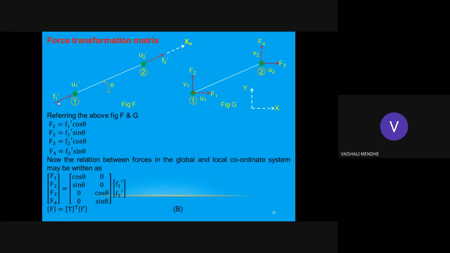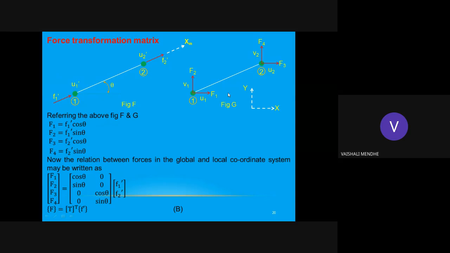So we are transforming this force to its global direction. We are writing that as F1, so F1 is equal to F1' cos theta. Similarly, F2 will be equal to F1' sin theta.